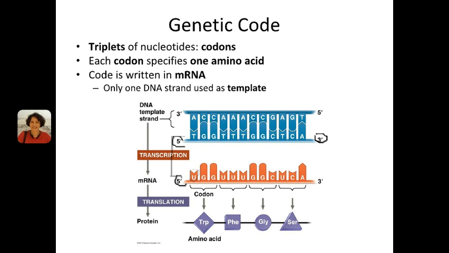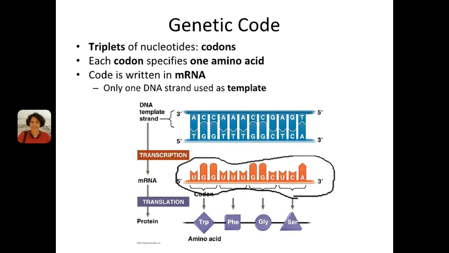So notice, T becomes U, then you've got G, G, T becomes U, and then again G, G, C, T becomes U, C, and A. If we look at the codons in this messenger RNA here, then it takes 3 nucleotides to make a codon.